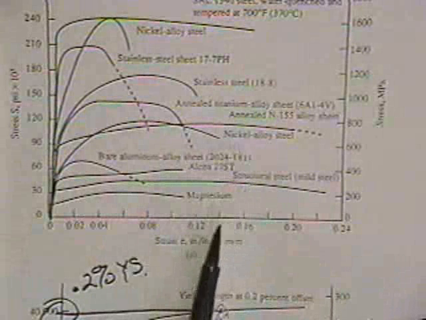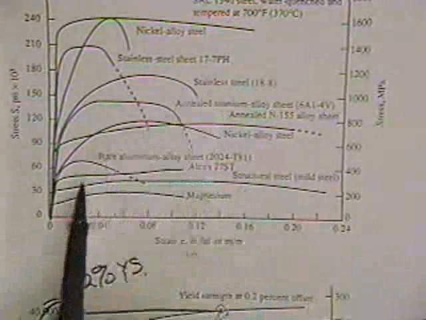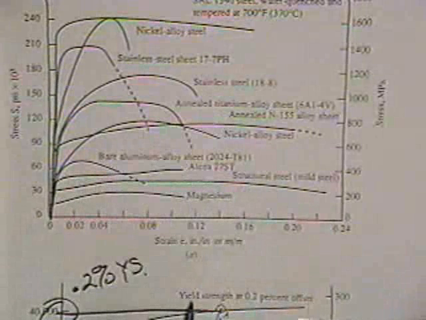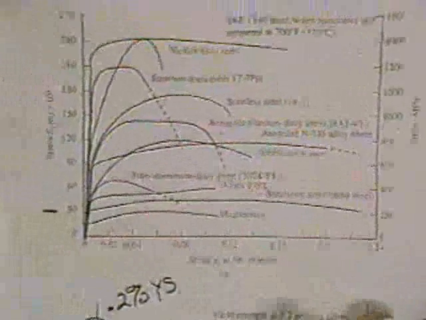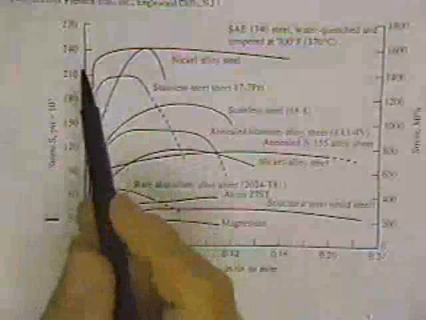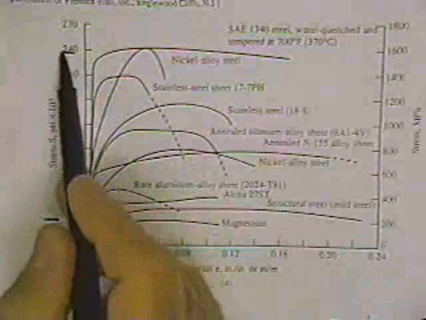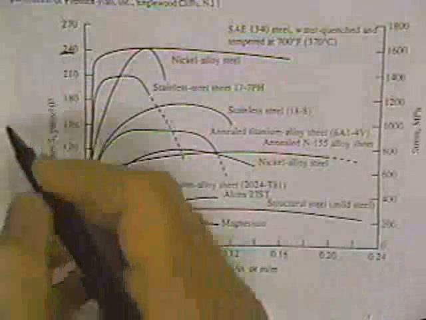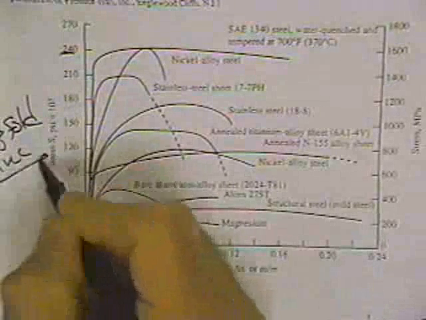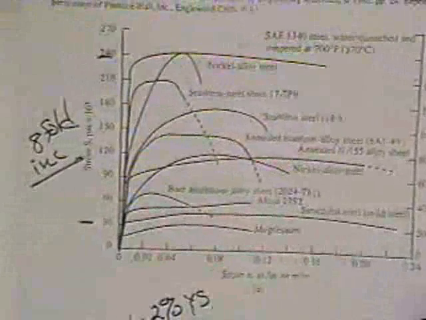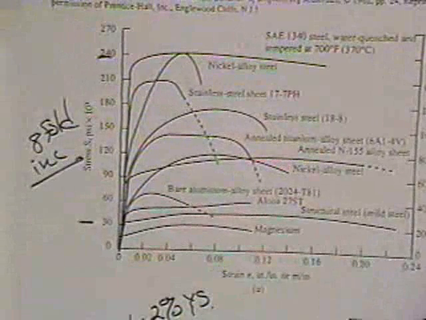If we just take a look at steel, for example, we can find that structural steel can be about 30, and if you go up to a nickel alloy steel, it can be 240. So there can be an 8-fold increase in strength by heat treatment and alloy composition.